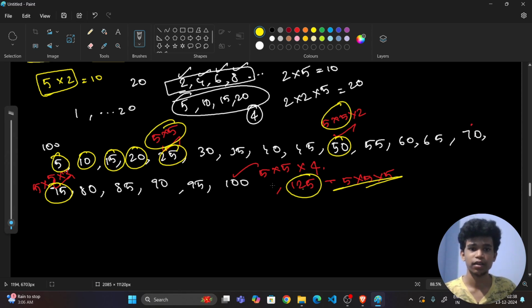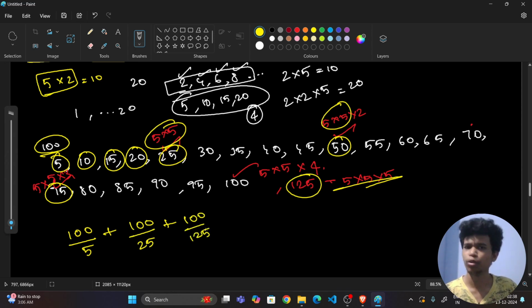So see here, for 100 factorial, how many trailing zeros will there be? The formula is 100 divided by 5 plus 100 divided by 25 plus 100 divided by 125. No, we should stop here alone.